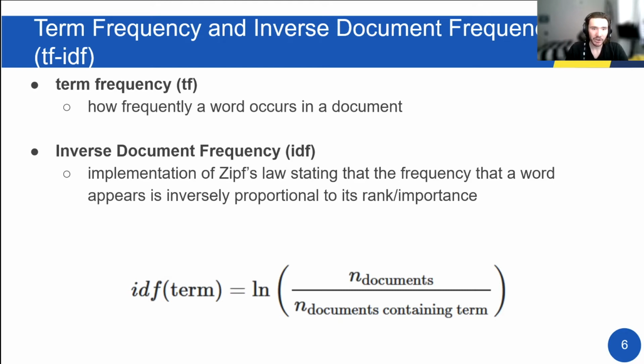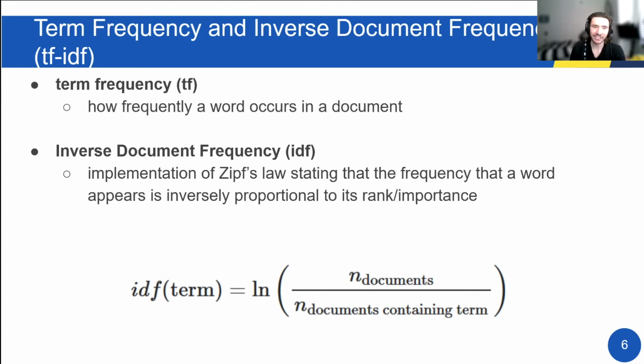So term frequency is just how frequently a word occurs in a document. So that's just how many times the word appeared divided by the total amount of words. So that is relatively basic. But next, we have the inverse document frequency.